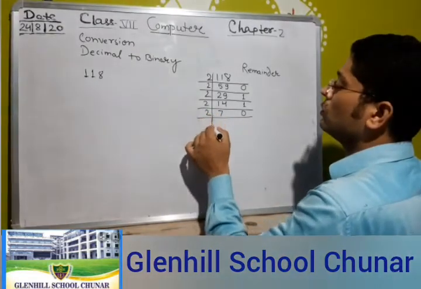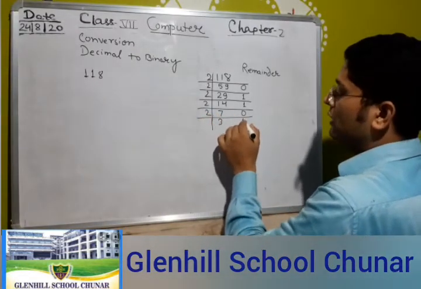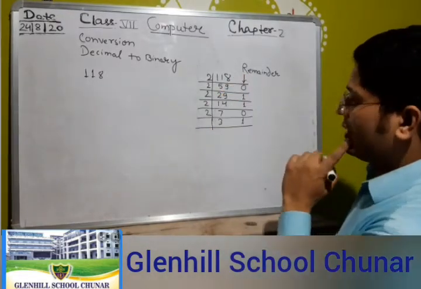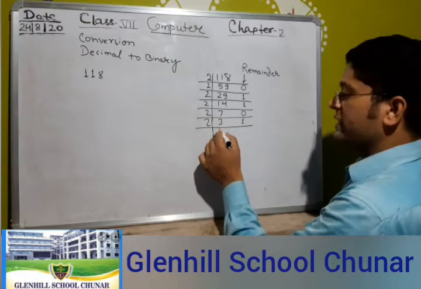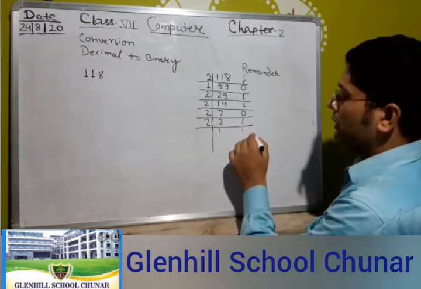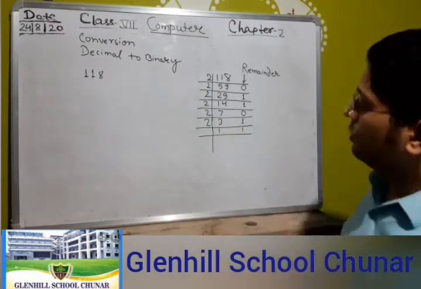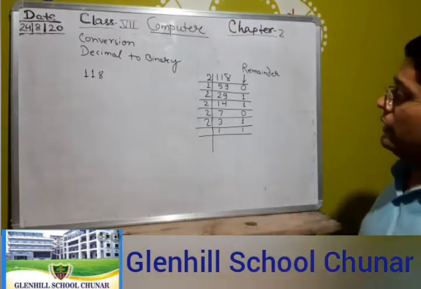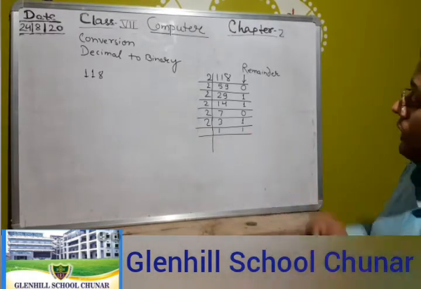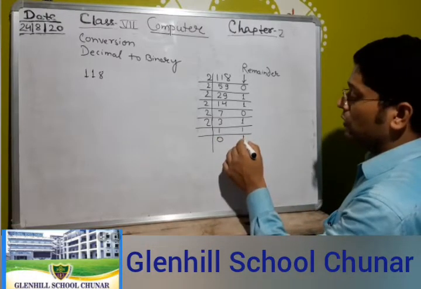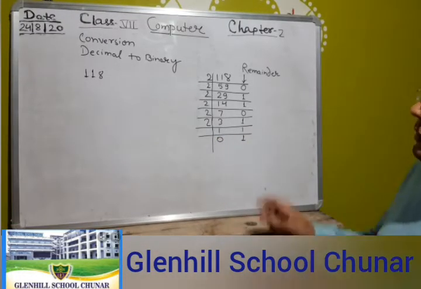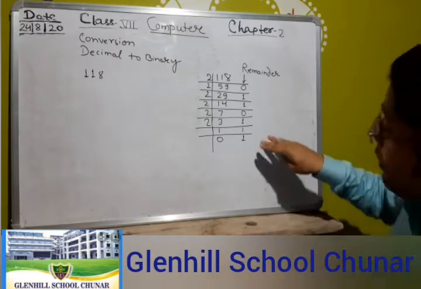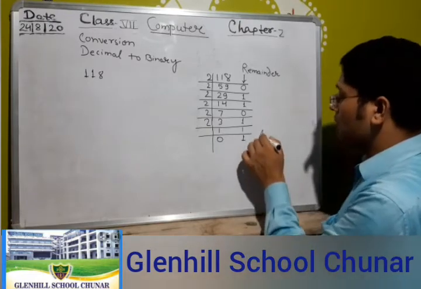And 2 threes are 6, remainder 1, so write it here. 2 ones are 2, remainder 1 here. Okay, so you finish, and stop here. You will take the number from down to up, okay student, down to up.